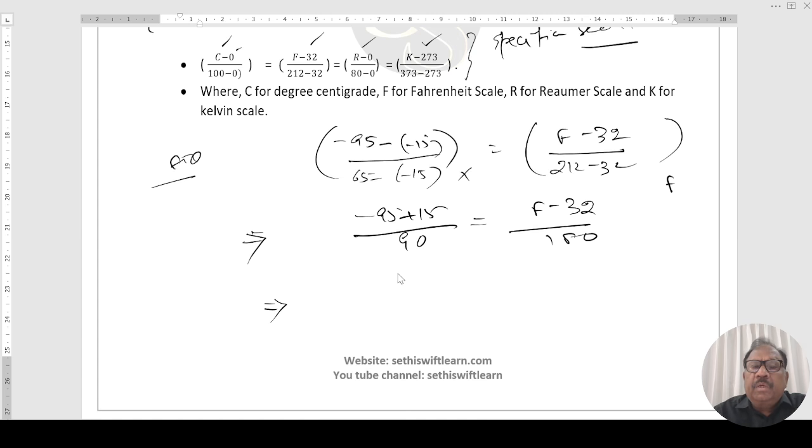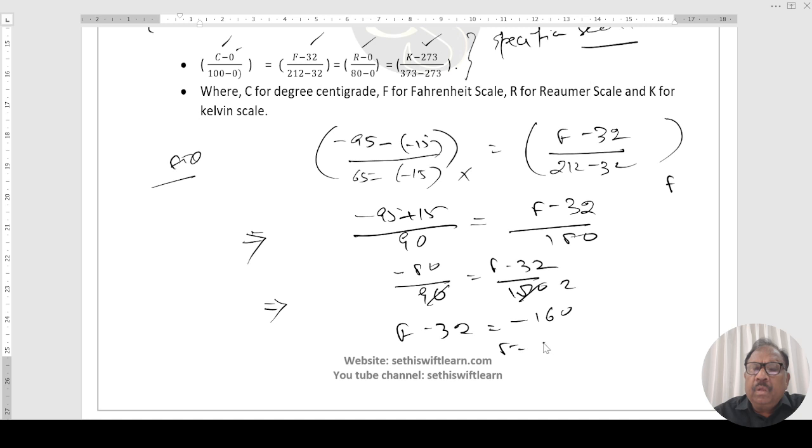On simplification, this comes out to minus 80 upon 90 equal to F minus 32 upon 180. So F minus 32 will be equal to minus 160, F comes out to be minus 160 plus 32, that is minus 148.